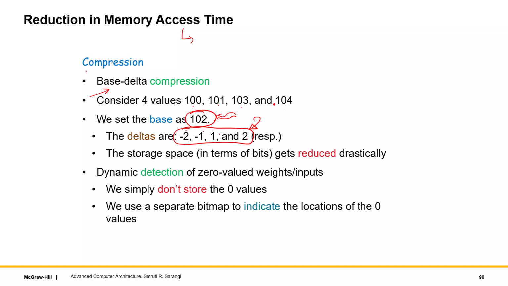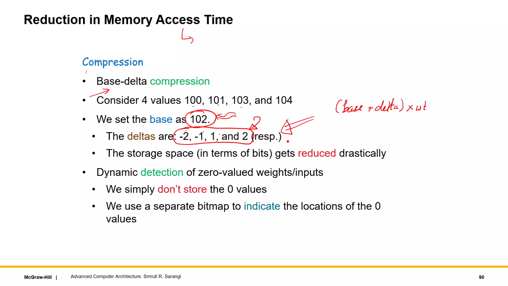This also may not be required because you can use the distributive property of multiplication, and this will be equal to base plus delta times the weight. Base into weight is common, the only thing that we will have to compute is delta times weight. So even the convolution operation can be optimized with this compression method in mind.